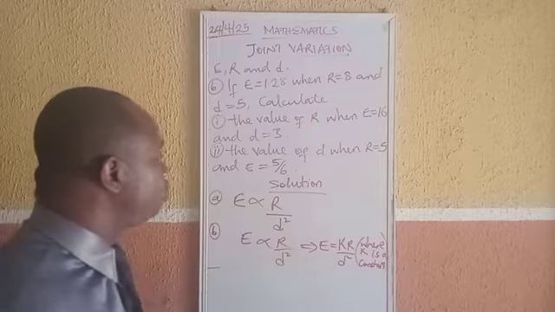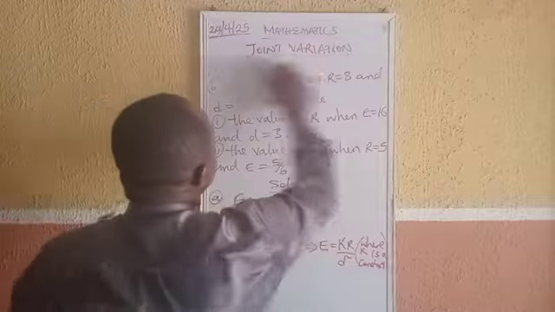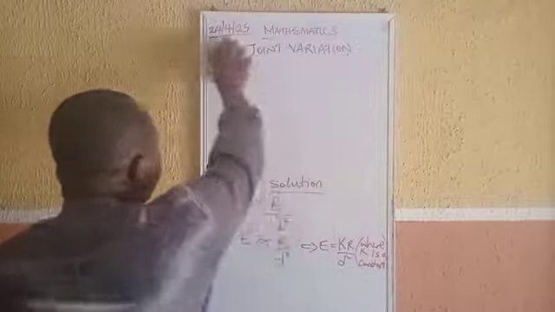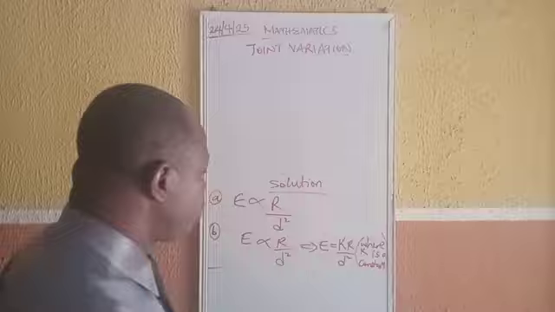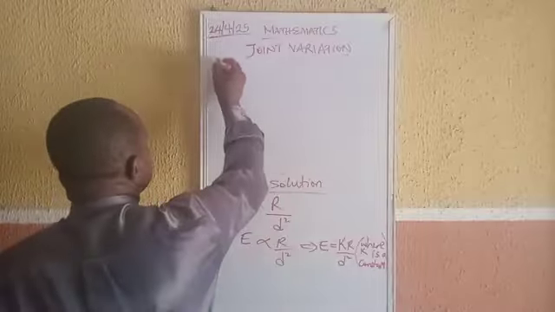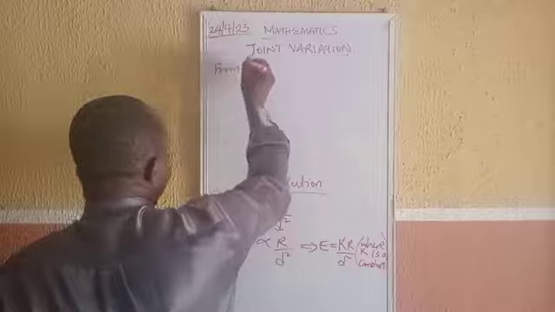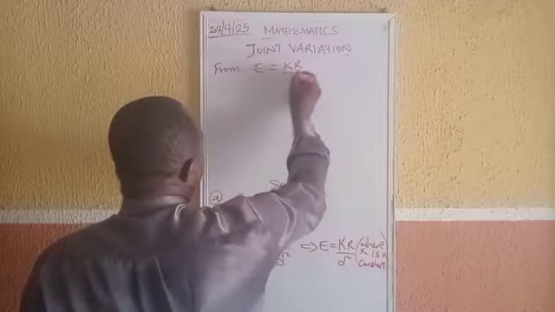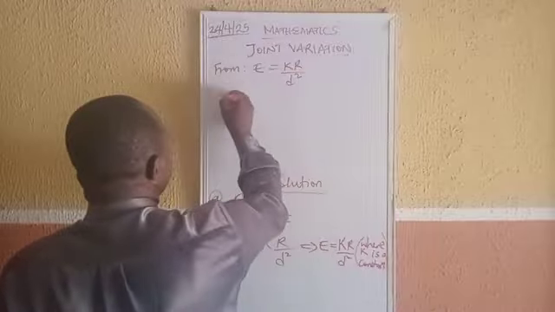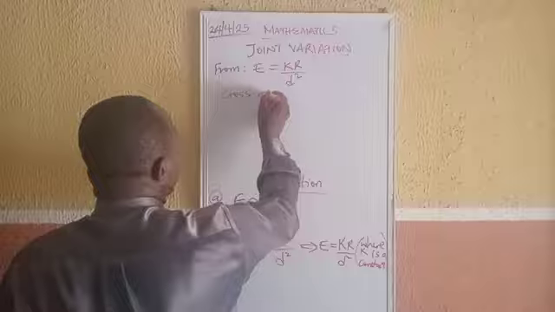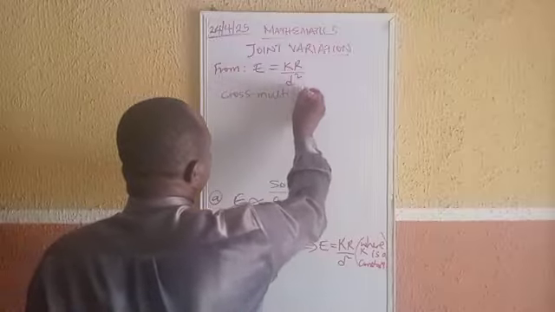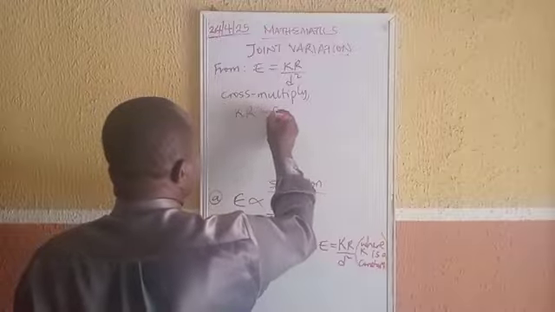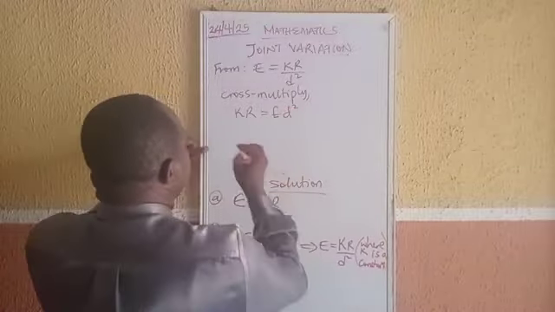Now let's look for the value for K, by making K subject of the formula. From E equals K R over D squared, if we cross multiply, we have that K R equals E times D squared.